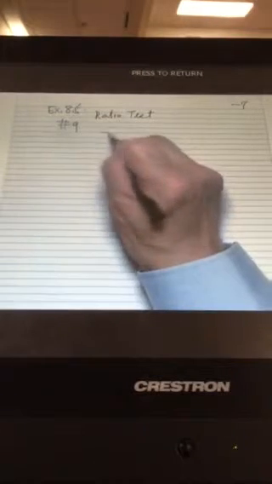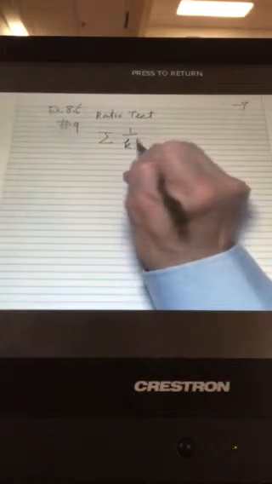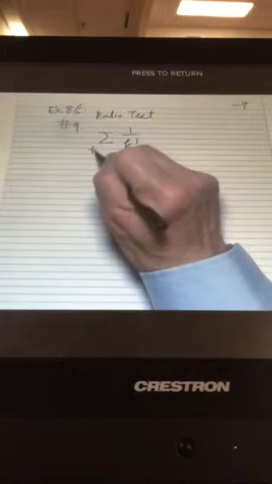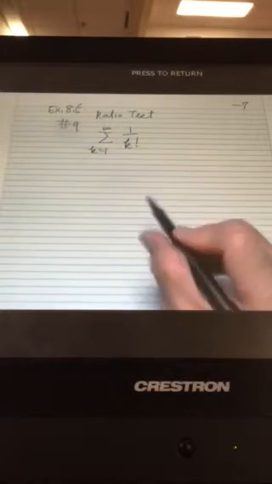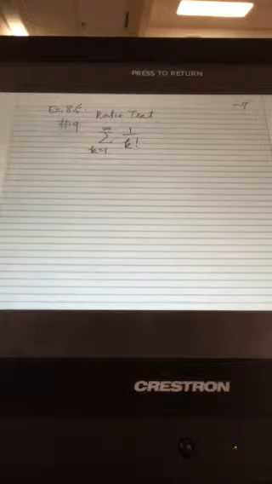Okay, number 9, use the ratio test. Summation 1 over k factorial, k from 1 to infinity. The question is, is this convergent? Use the ratio test to determine whether the following series converge. Okay, all right.